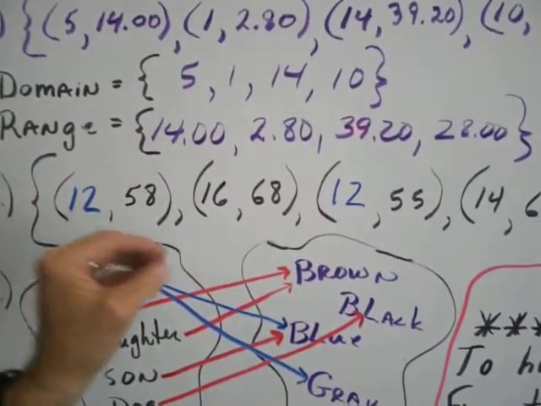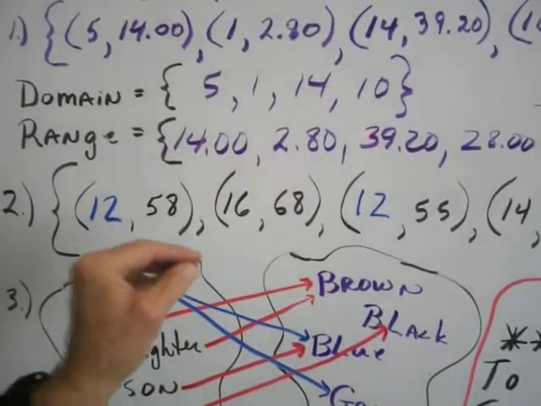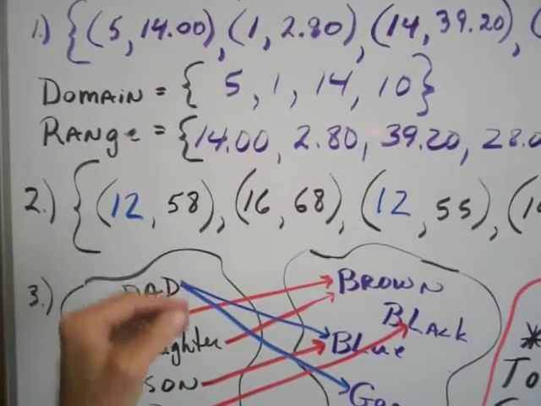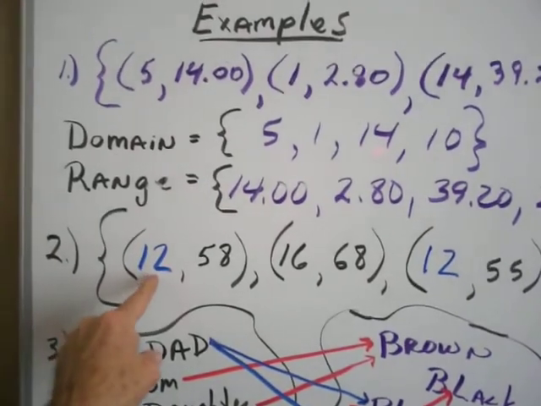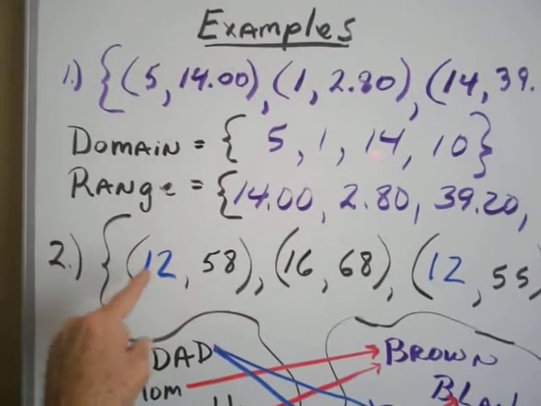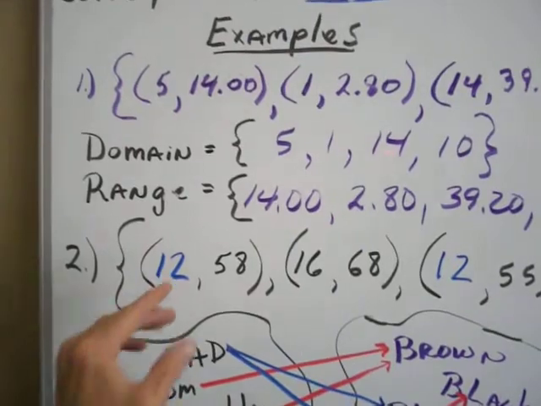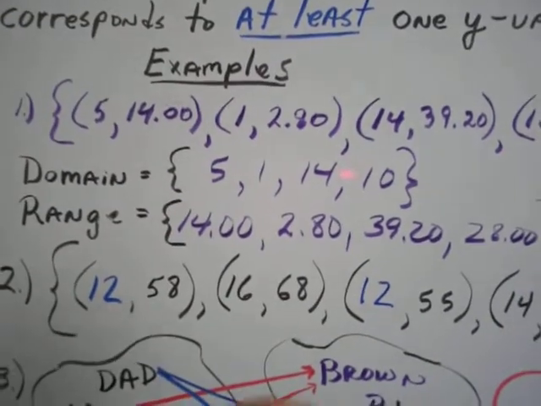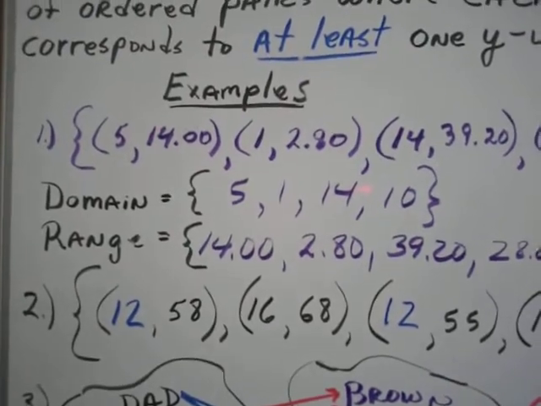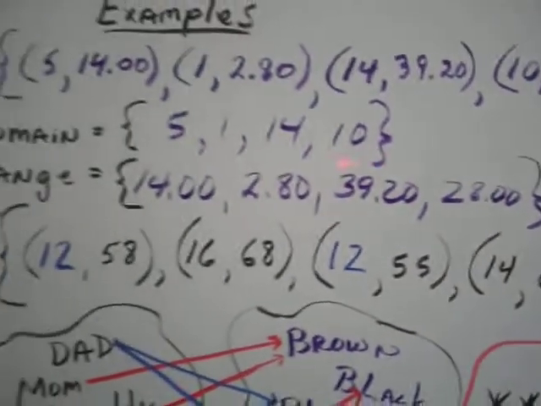Here's what we mean by the words at least. We mean that you can have a given x value, the same x value, corresponding to two different y values. Let's take a careful look at this collection of ordered pairs.